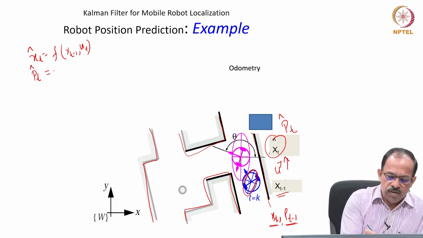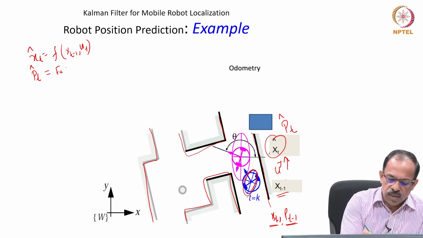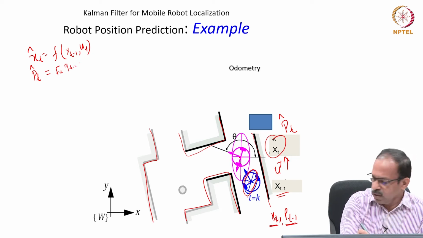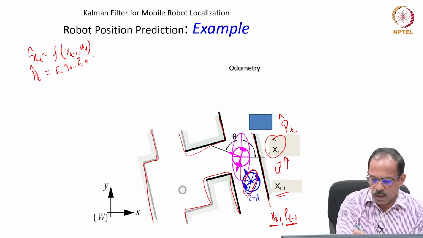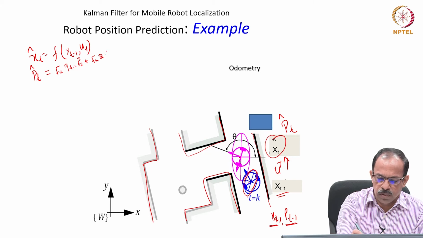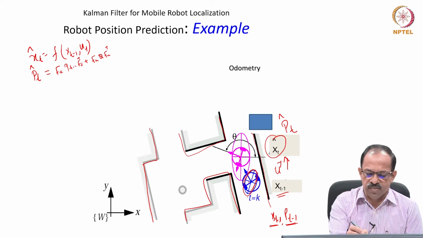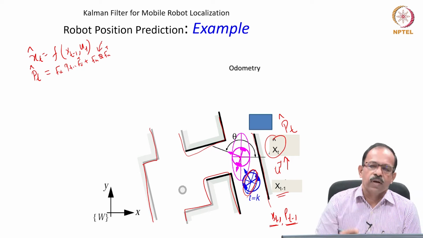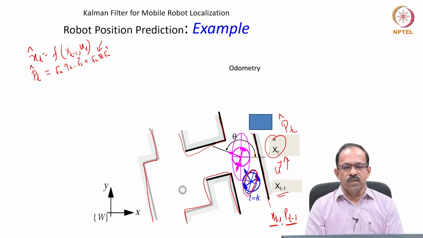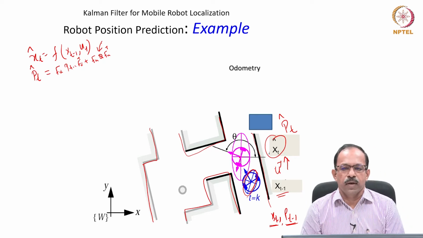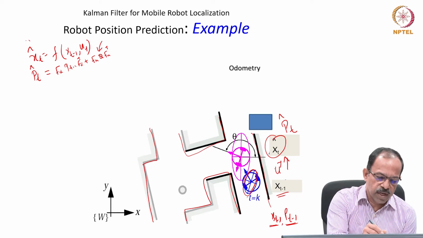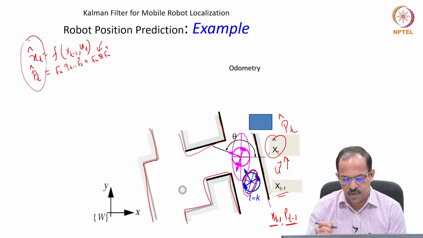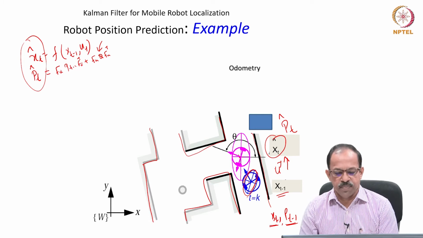This P̂t again we know can be obtained as Fx Pt−1 Fx transpose plus Fu Q Fu transpose, where Q is the covariance of the sensor used for measuring the travel, or it is the encoder uncertainty. So, we will be able to get this x̂t and P̂t, that is actually shown here. So, now we have an x̂t and P̂t.